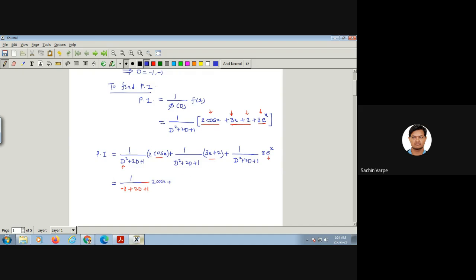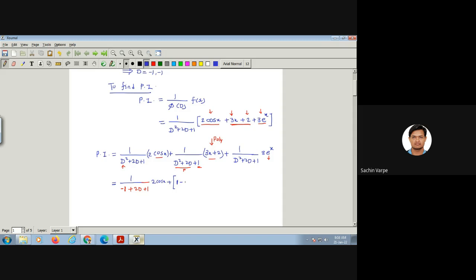What do we do for this polynomial function? For the polynomial function, we expand 1 upon phi of D using the expansions of 1 upon 1 plus p and 1 upon 1 minus p. So here phi of D is of the form 1 upon 1 plus p, yes or no? So we expand. What is the expansion of 1 upon 1 plus p? It is 1 minus p plus p square minus p cube. If the denominator has 1 plus p, then we give alternate plus and minus signs, and if the denominator has 1 minus p, then all the terms will be positive in the expansion.